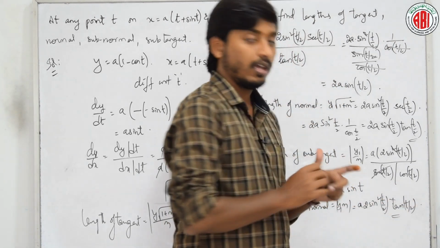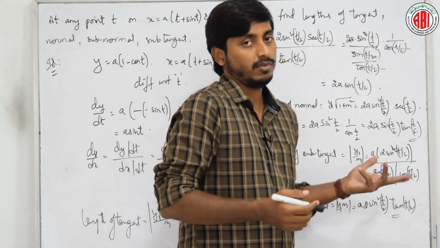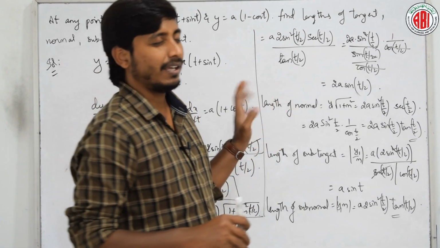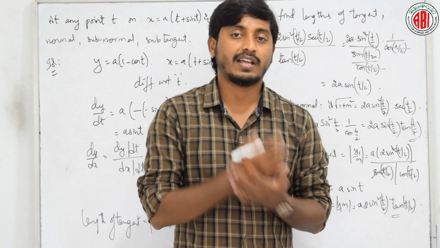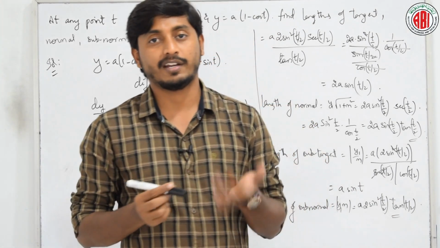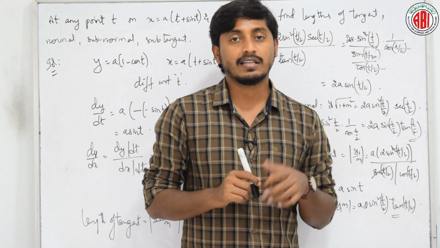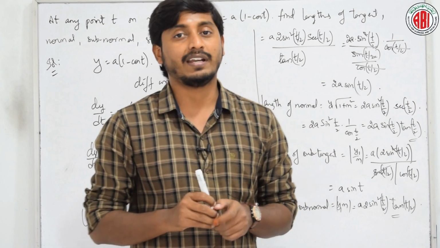Even if I write it as sin t by 2 by cos t by 2, I will get sin cube, no use. Clear? Did you understand? I think we have seen all the different models of finding lengths of tangent, normal, subtangent and subnormal. These are all the things of this topic. Let us meet in the next session with more problems on applications of derivatives. Thank you.